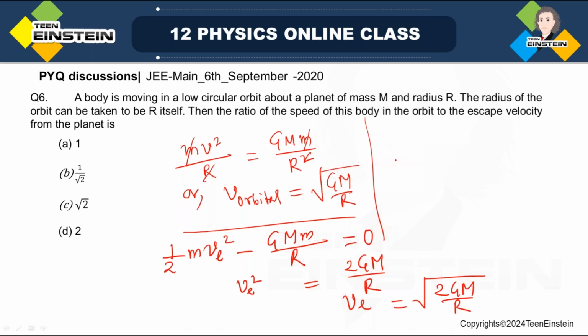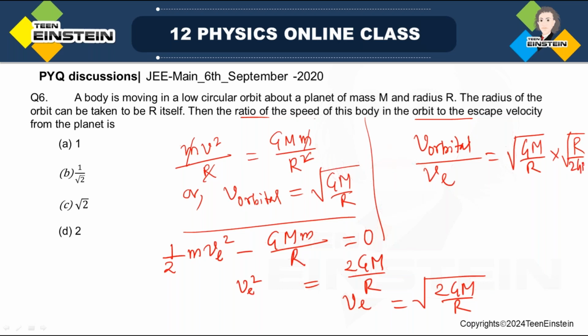Now things will be easy. We have been asked to find the ratio of the speed of the body in the orbit to the escape velocity, that is v orbital divided by v e. So I can write root GM by r, and in the denominator root 2GM by r. The r and GM will cancel out.